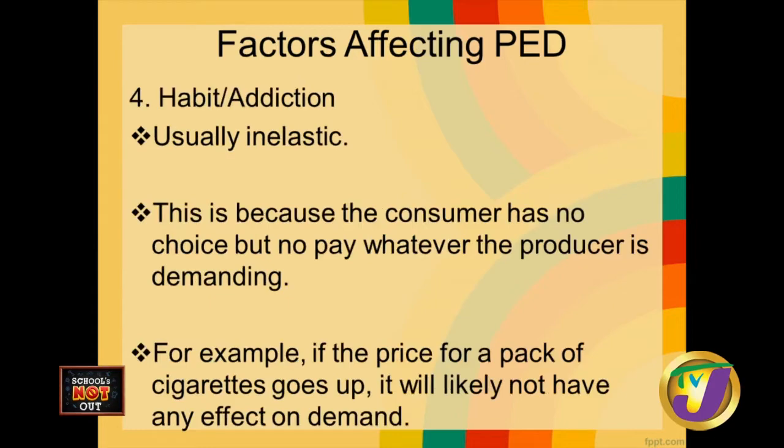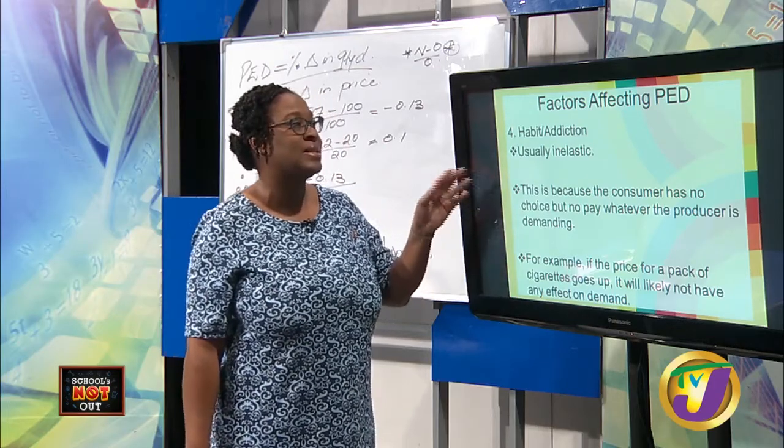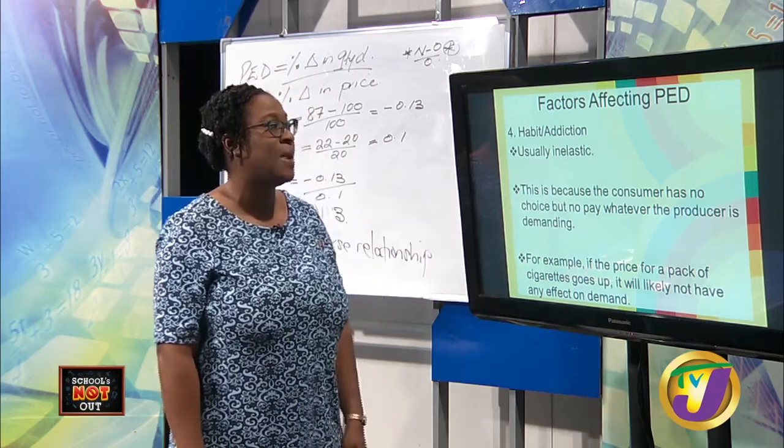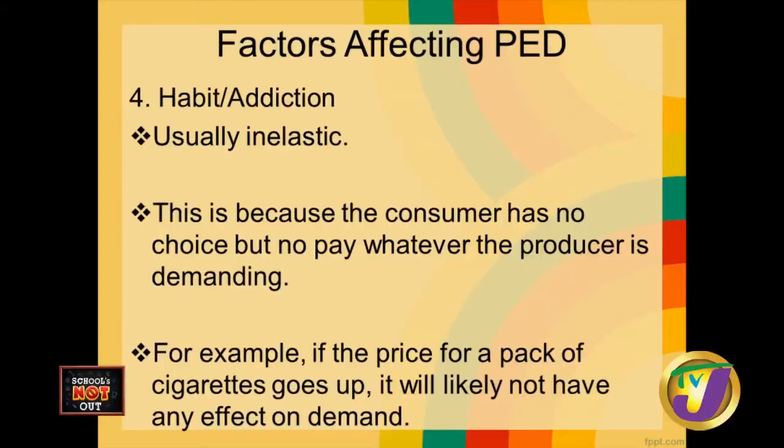Now, the last one we want to look at in terms of the factors that affect price elasticity of demand is if the good is a habit-forming or an addictive good. You'll find that for these goods, the price elasticity of demand is usually inelastic because consumers know they have no other choice but to pay whatever the producer is demanding, because they are addicted.